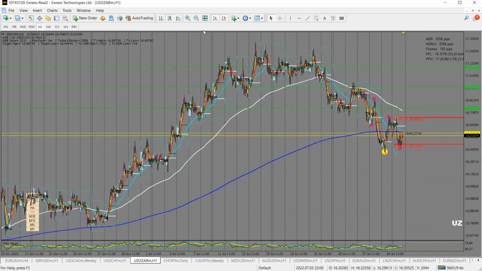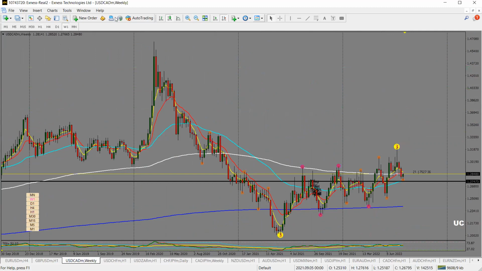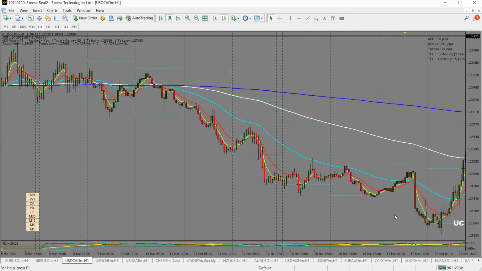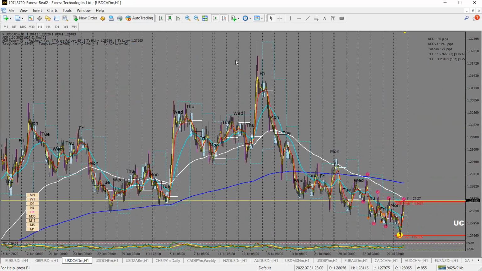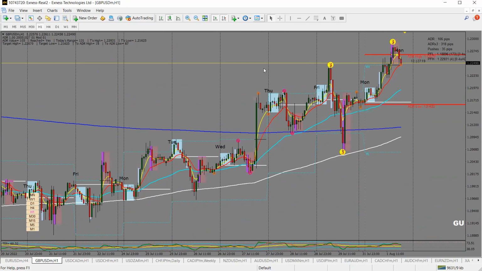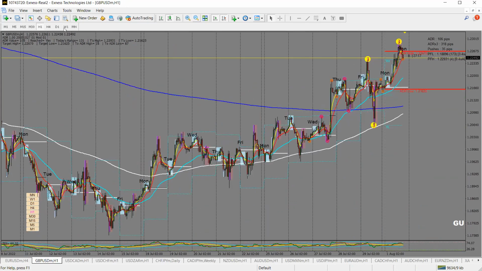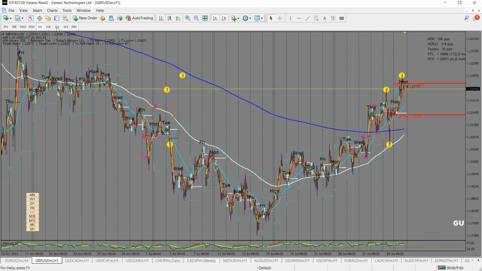It's also supposed to go in the same direction as other pairs. This is also a good one. You can see it's also showing signs of a what? Of a buy, because it wants to follow USD CHF. What are we seeing here on GBP USD? GBP USD, we are anticipating a what? A sell, all right?